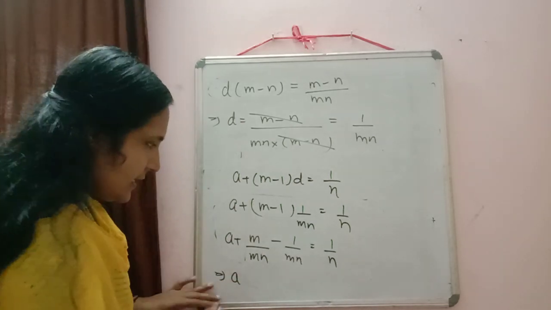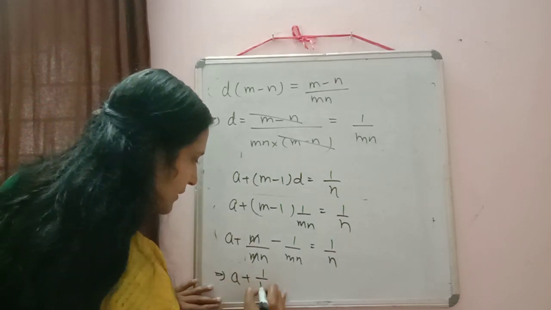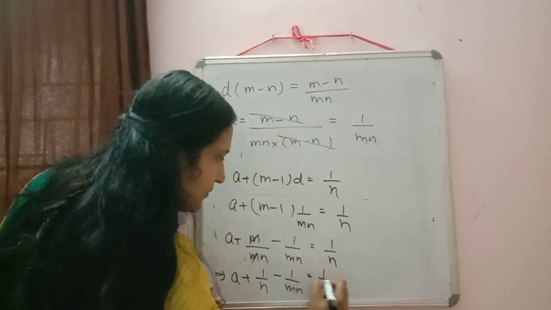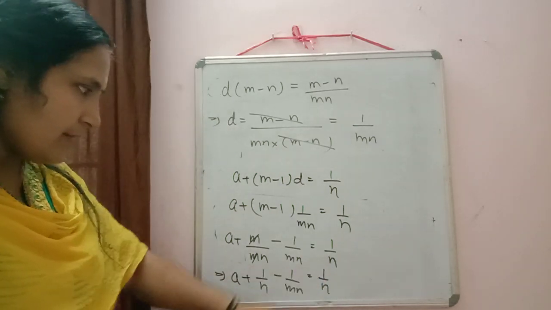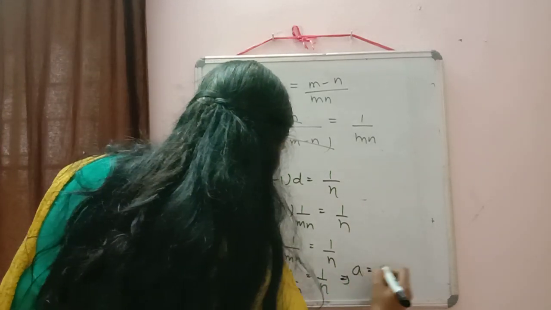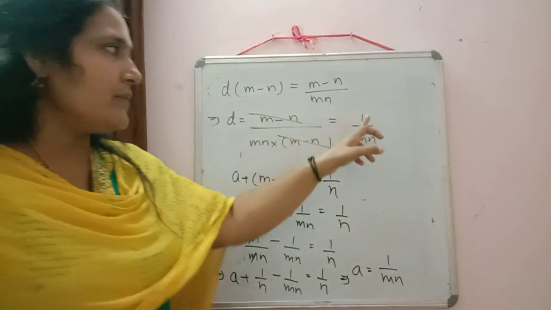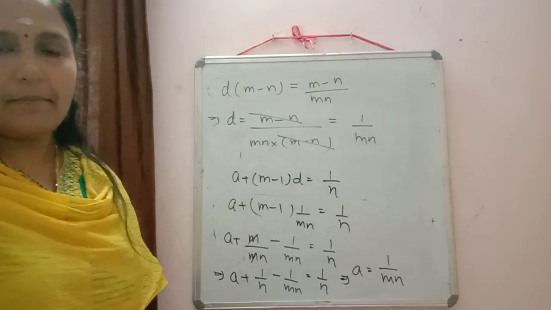A plus, here m and m will get cancelled. Remaining it will be equal to 1 by n minus 1 by mn is equal to 1 by n. As we can check, 1 by n and 1 by n will get cancelled. So we will get here a is equal to 1 by mn. So we got d also equal to 1 by mn and a also is equal to 1 by mn.